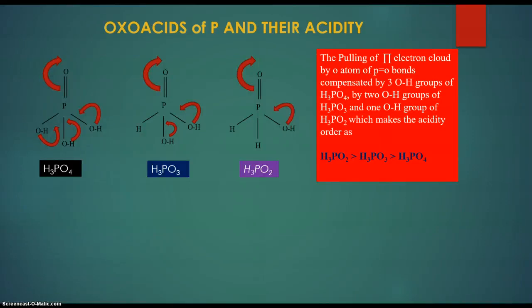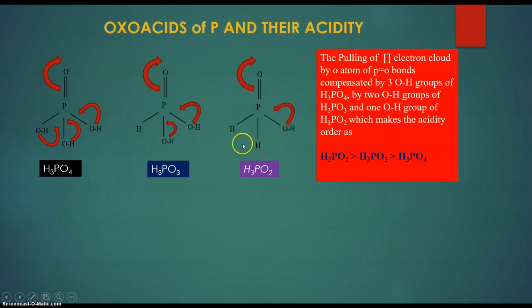In these figures, eventually the electron deficiency is also created on the oxygen atom of the OH bond. For this reason, the hydrogen atom of OH will leave the compound and compensate the electron deficiency of the oxygen atom of the OH bond.